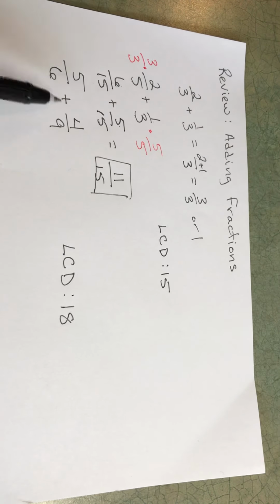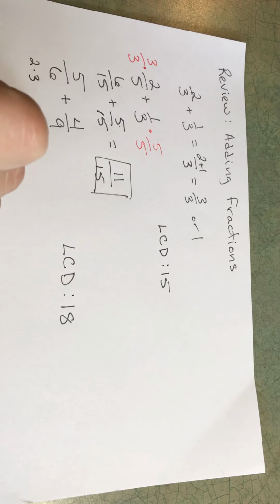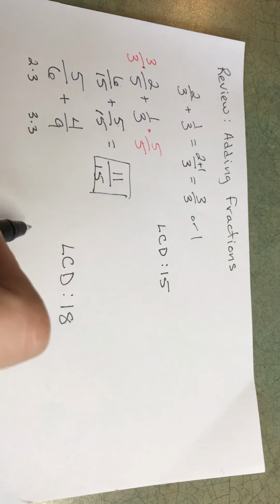A way that you can find this is if we factor these. So the prime factors here are 2 times 3, and here it's 3 times 3. So I need a number that has 2 3's in it, and this 3 and this 3 could be the same, but I need a 2. So 2 times 3 times 3.